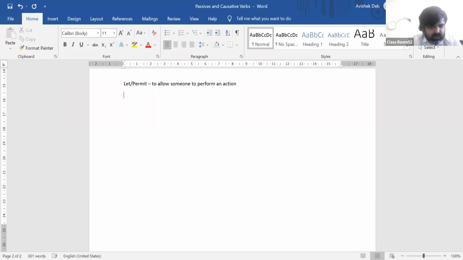You know what the structure is going to be. So subject plus verb, or let. Again, generally a non-living object does not occur.